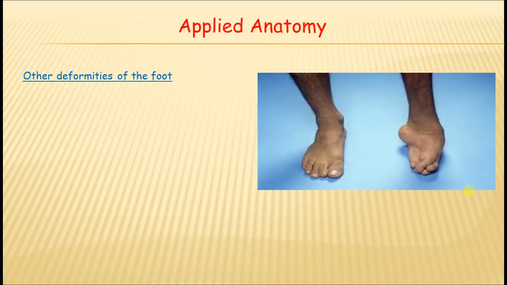Other deformities include mainly talipes equinus. Your foot is like a horse's, which means he walks only with the heel raised and on the forefoot. That is called talipes equinus. The foot is flexed in the plantar position and the toes are always directed to the ground, so he walks practically on the fore part of the foot.